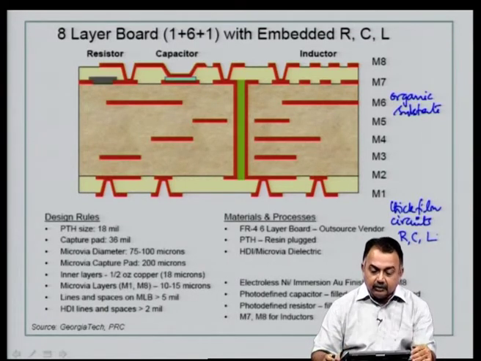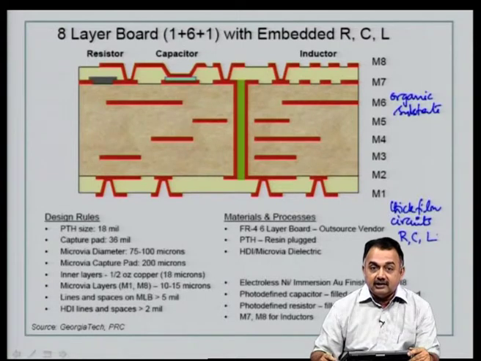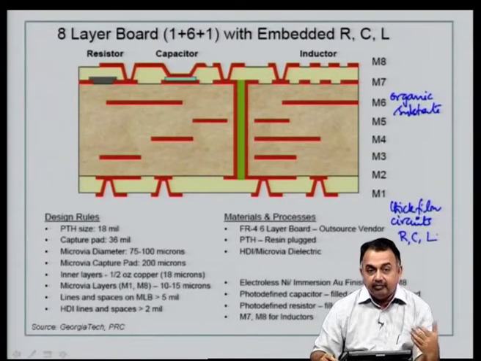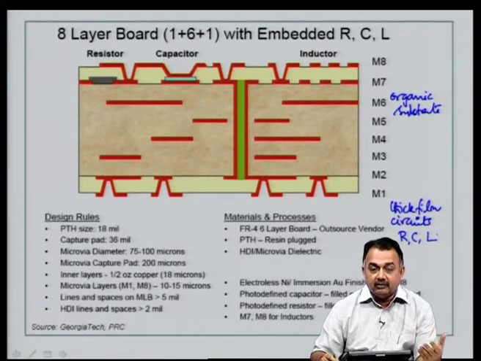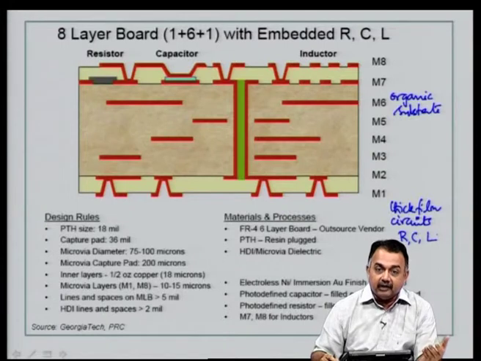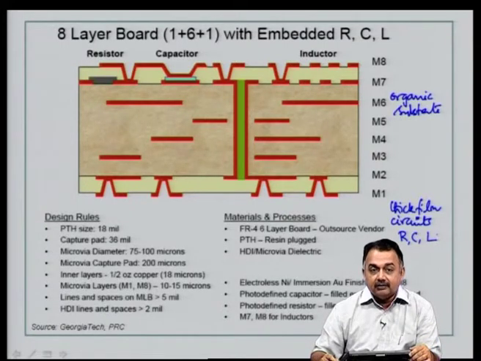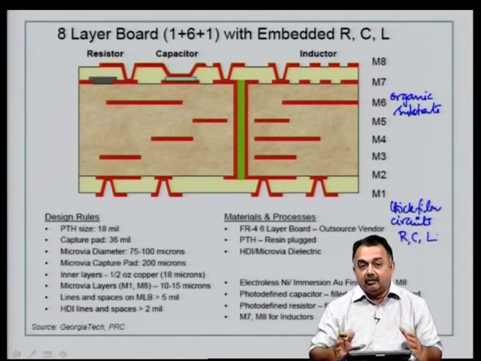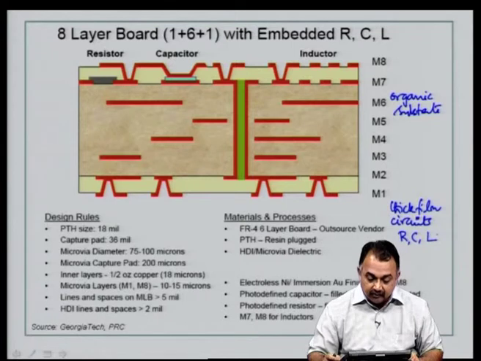So, embedded R, C and L in some sense have been done with ceramic substrates before, only thing it has been known as thick film hybrid circuitry. But now this concept is with organic substrates, typically your very common glass epoxy printed wiring board.